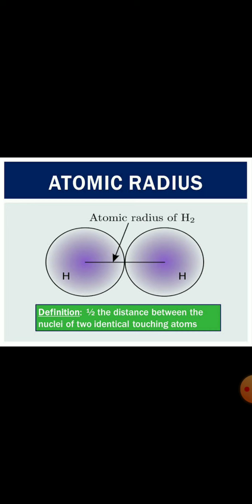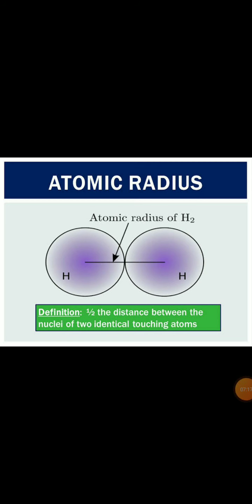Like this, if two nuclei are placed together, half of the distance between the nuclei is known as atomic radius. So when we talk about atomic size, we talk about atomic radius, the radius of an atom. Simple.